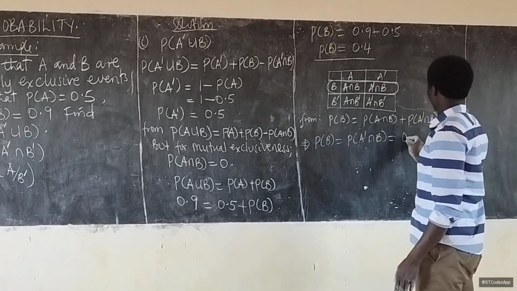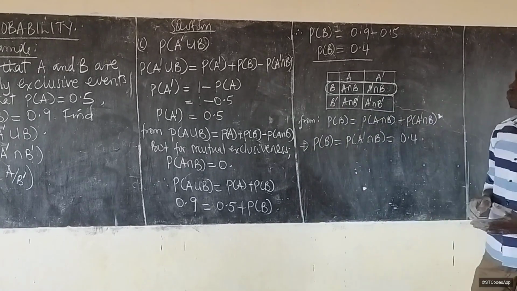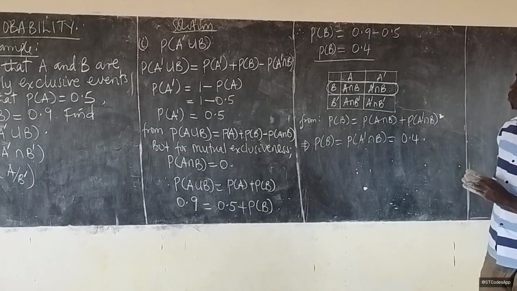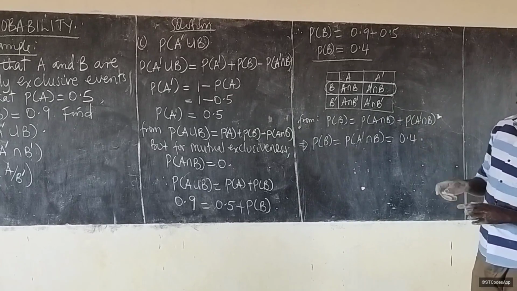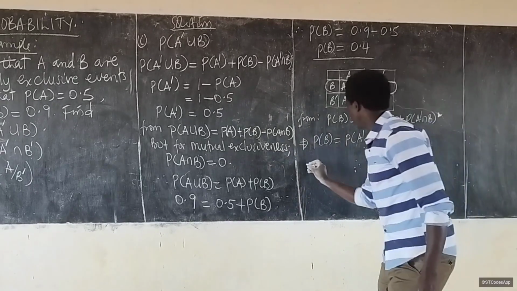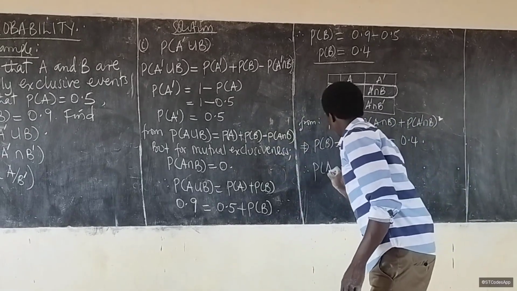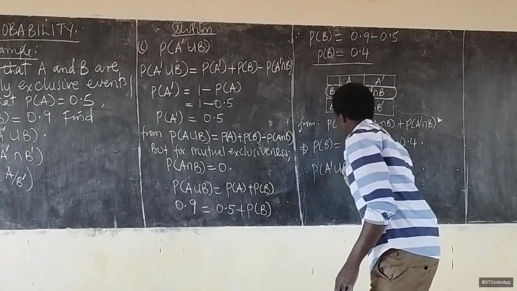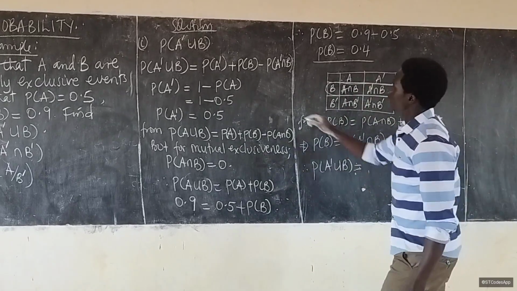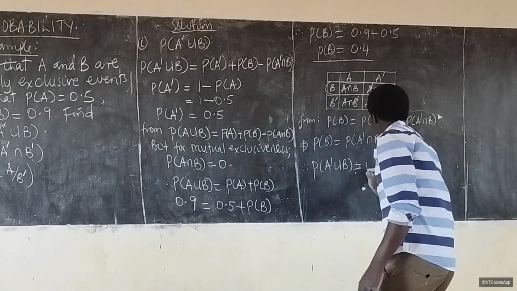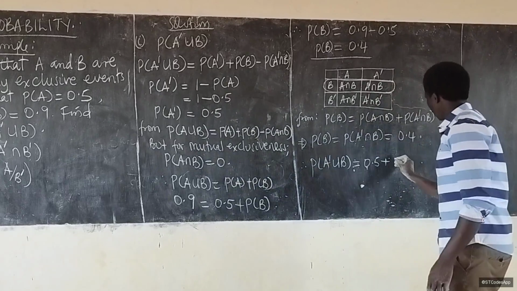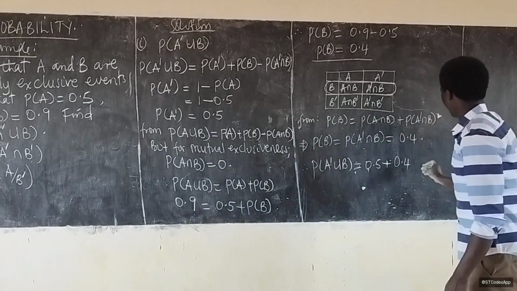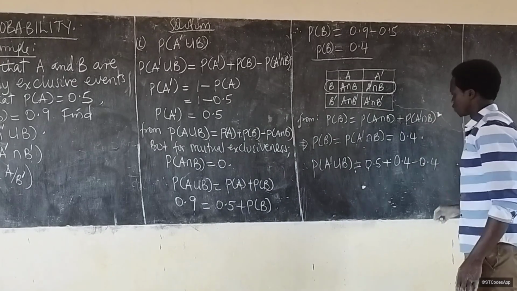actually equal to 0.4. So we have found the probability of A complement, we know the probability of B, we know the probability of A prime intersecting B. So therefore, probability of A complement union B becomes probability of A complement, which is 0.5, plus probability of B, 0.4, then minus 0.4 as well.